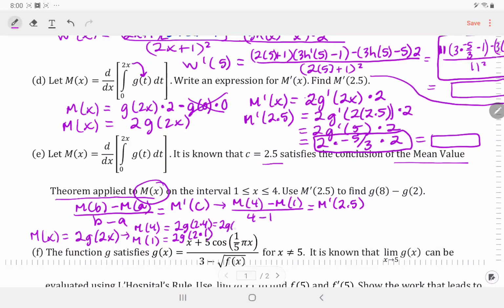So that's 2g of 8, and this is 2g of 2. Okay, so this becomes 2g of 8 minus 2g of 2, divided by 3, equals M prime of 2.5.